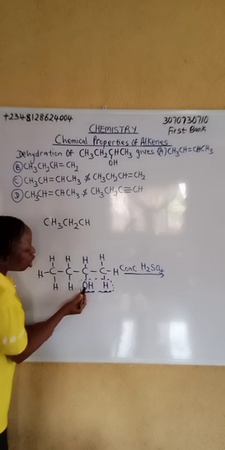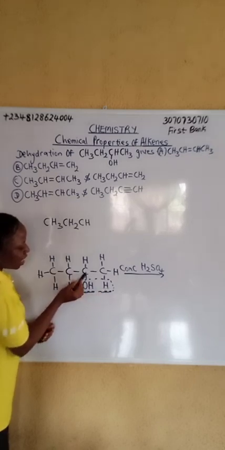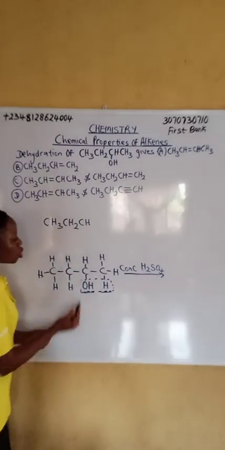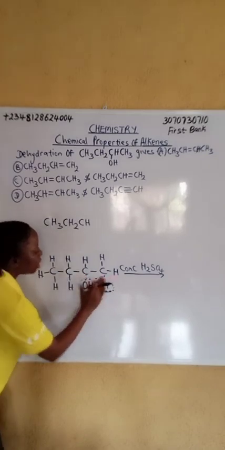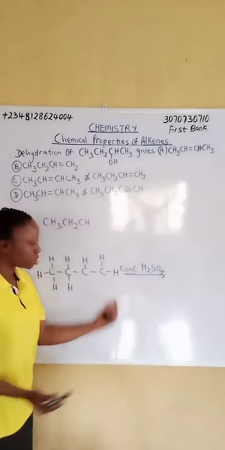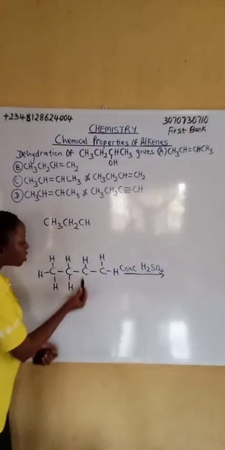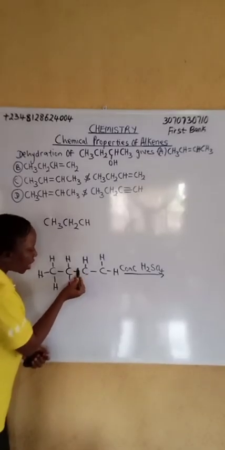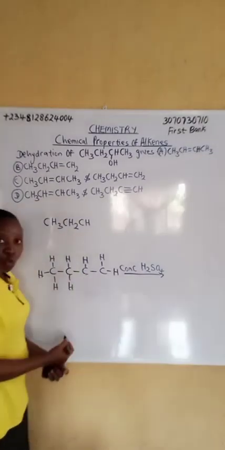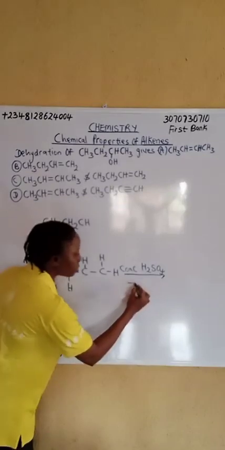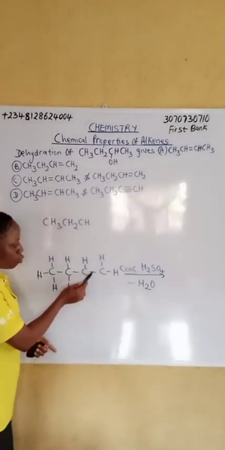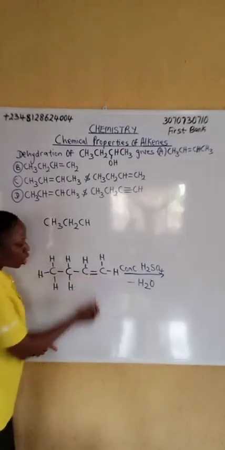When you remove this OH and hydrogen, this carbon is left with only 1 hydrogen atom, so the bond is not balanced. Each carbon atom must be surrounded with 4 chemical bonds. We have removed a water molecule, so it needs 1 more bond to balance. So you add 1 bond.